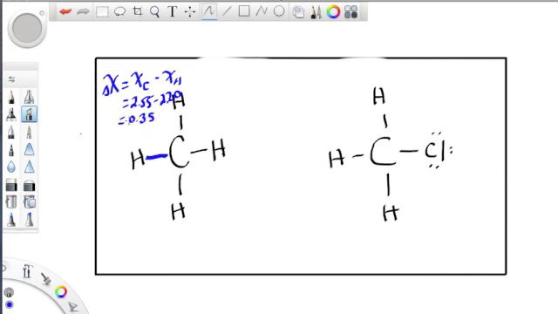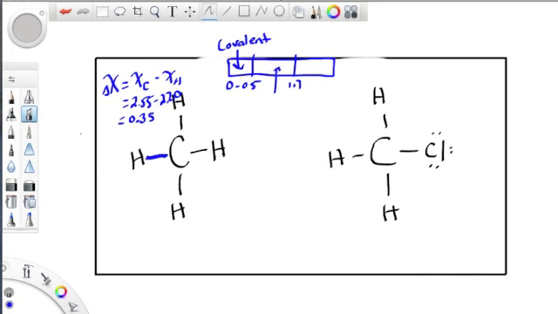Well, what do I do with this information? Once I have that information, on the back of your periodic table where you find the electronegativities, you have the chart up here that says percent ionic character. And in it, we've divided it: from 0 to 0.5, from 0.5 to 1.7, and 1.7 and higher. This area is covalent.